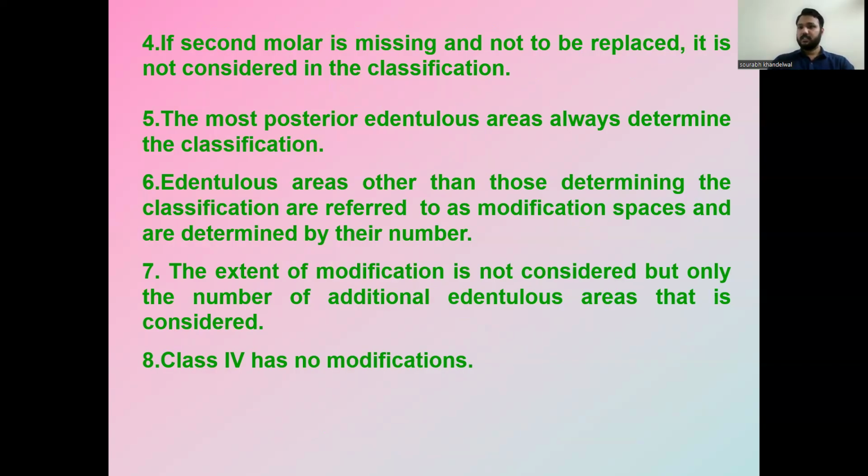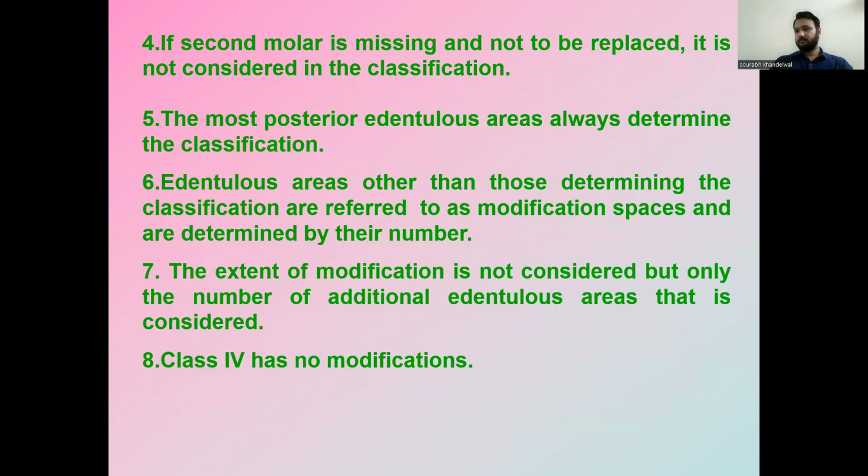And class 4 has no modification. Why does class 4 have no modifications? Because as Applegate says, if a posterior tooth is missing, it will be considered in the classification. So that's why class 4 has no modifications. Fine.